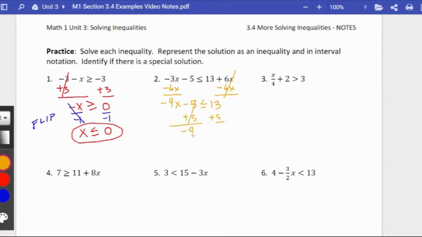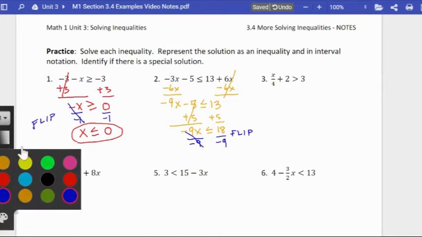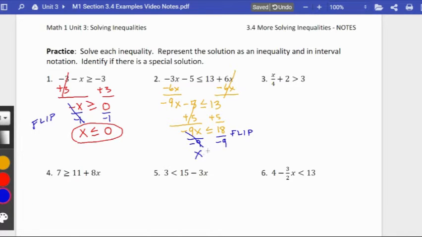And I have -9x is less than or equal to, what is this, 18? Now I have to divide by -9 on both sides. Since I'm dividing by a negative number, I have to flip the sign. And I'll do that in my last step here. I got x, and I'll rearrange this sign where it's greater than or equal to. And on the right, I have -2.